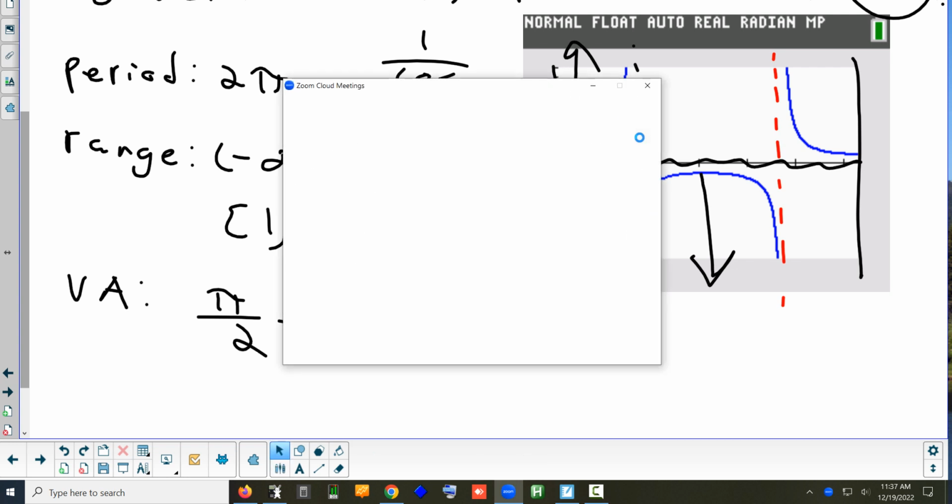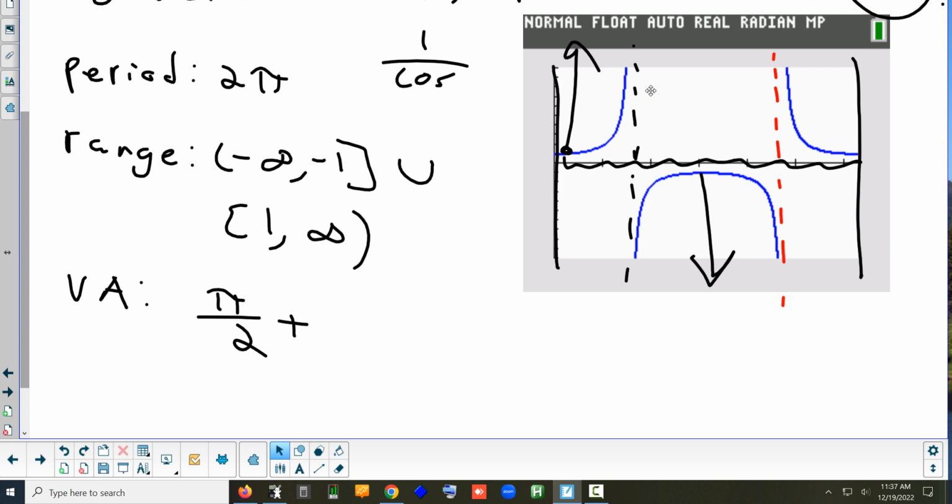The black asymptote is going to repeat itself every 2 pi units. Now, let's figure out the red asymptote. Think of cosine. When's the next time it crosses 0? 3 pi over 2. And how often will the red asymptote repeat? Every 2 pi.